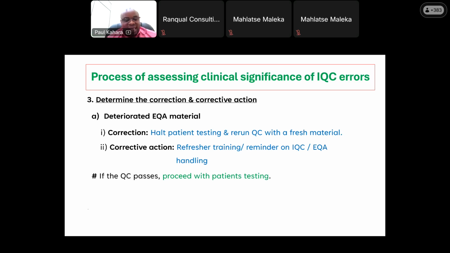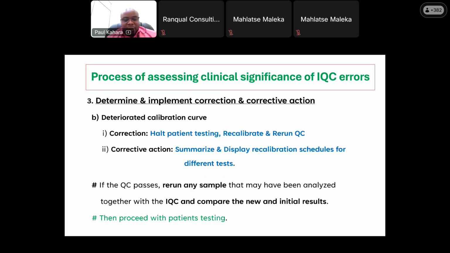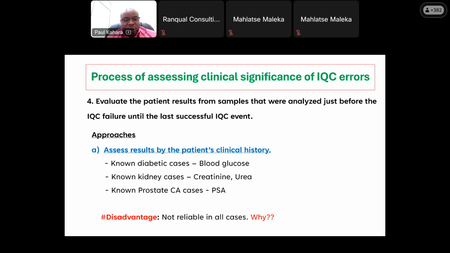But now, that is not enough, because the standard also requires that we evaluate, this is stage number 4, the patient samples that were analyzed just before the IQC failure until the last successful IQC event.